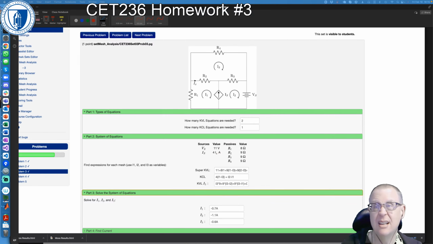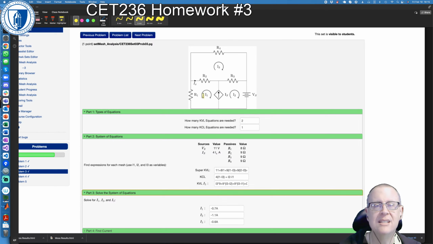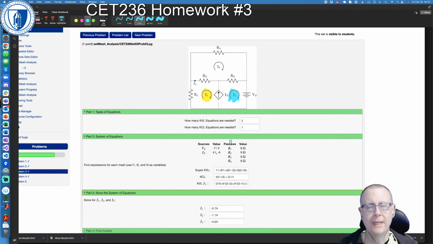On the left-hand side it has I1 going through it, and on the right-hand side it has I2 going through it. So we can't get a freebie out of this one. We have to do a little bit more work to get this one to happen. But let's have a look at it.